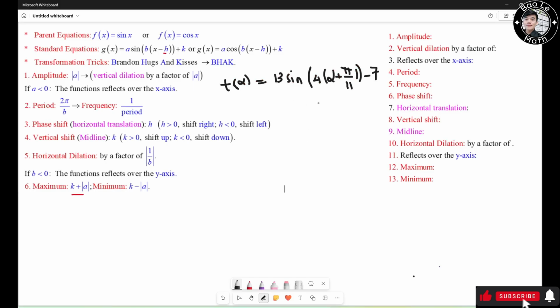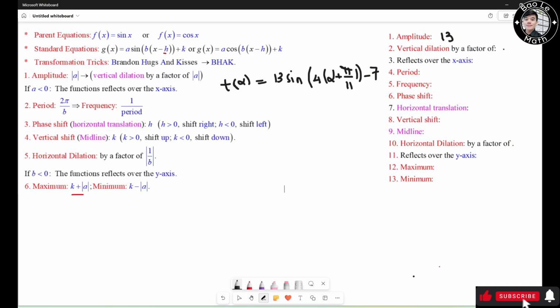Now let's move on to the next example. T of alpha equals 13 times sine of 4 times alpha plus pi over 11 minus 7. Alright, now we need to identify the amplitude. The amplitude is going to be the absolute value of 13, which is 13.